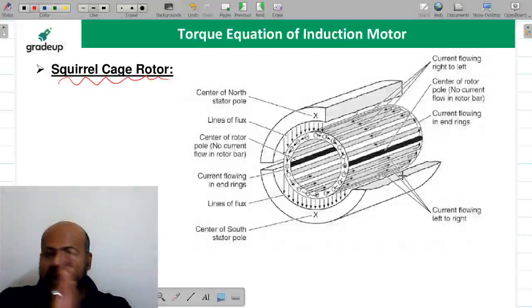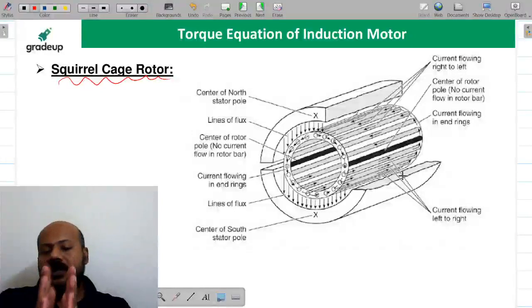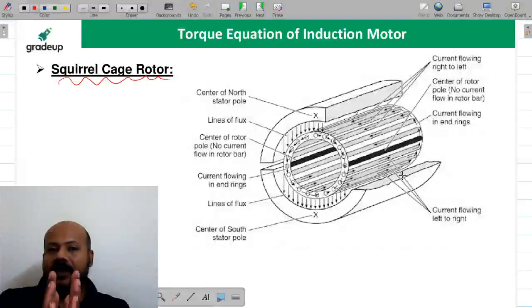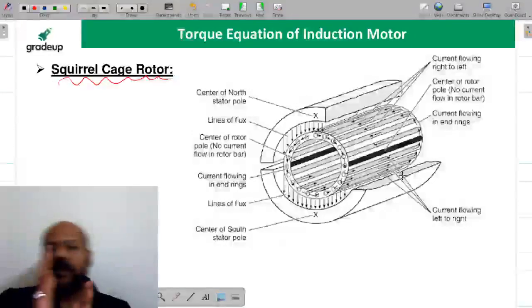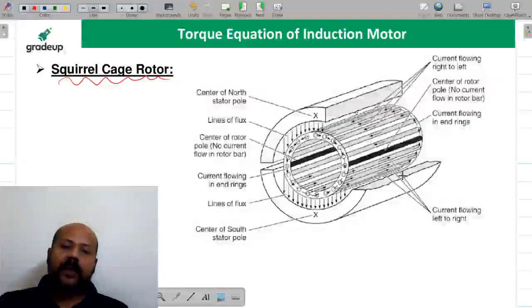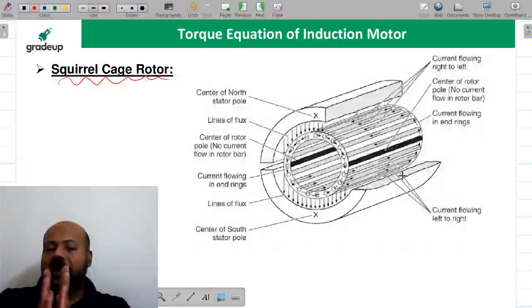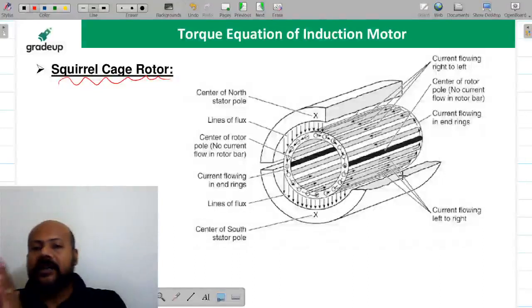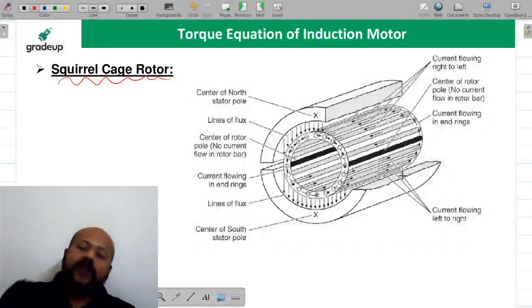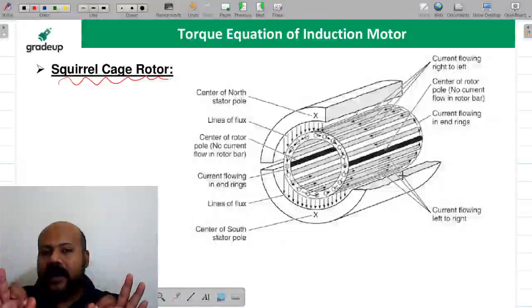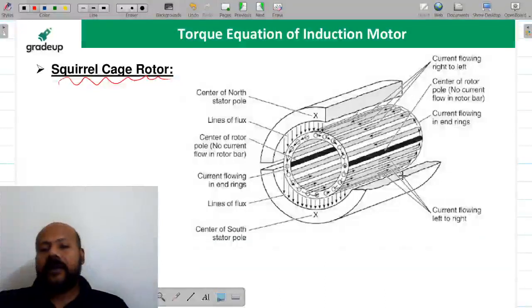Now the transformer was a static device, so there was only induction principle from primary to secondary. When it comes to the induction motor, it is not just induction, it is induction and rotation. And where is the supply, the excitation? The excitation is only at the stator winding.